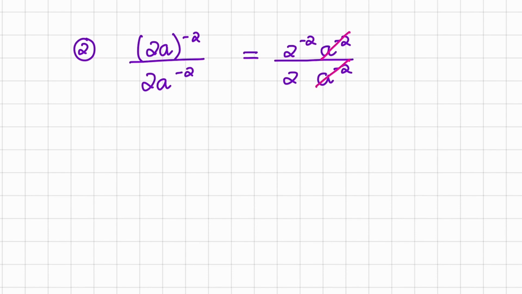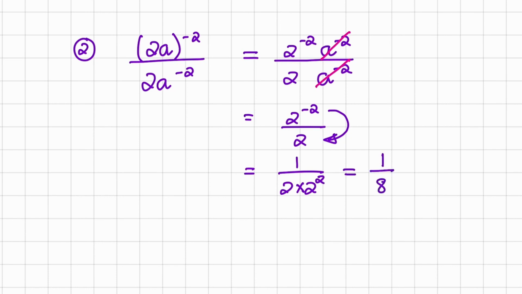So I'm left with 2 to the power of negative 2 over 2. And if you would like, you can move this negative exponent with its base to the bottom of the fraction. So that becomes 1 over 2 times 2 to the power of 2. And if I multiply out, that becomes 1 over 8.